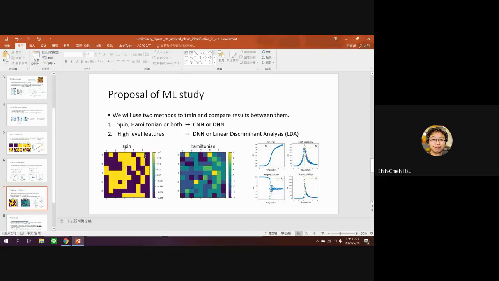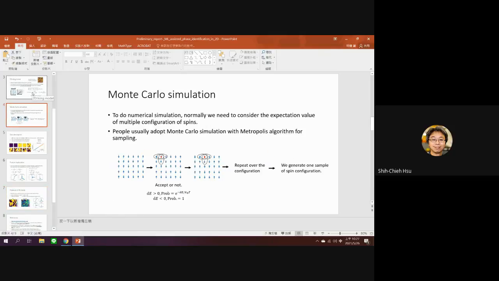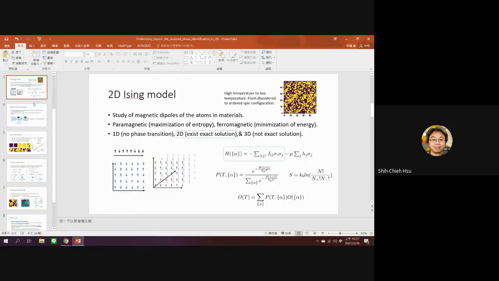Okay, just to be sure we are communicating with each other. If you go back to your previous page, you define what the two phases are, right? Yes. One is maximization of entropy, the other is minimization of energy. So it makes sense that you should use entropy as one of your high-level features for the study, right?